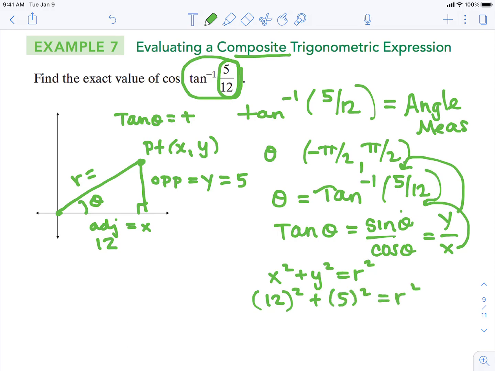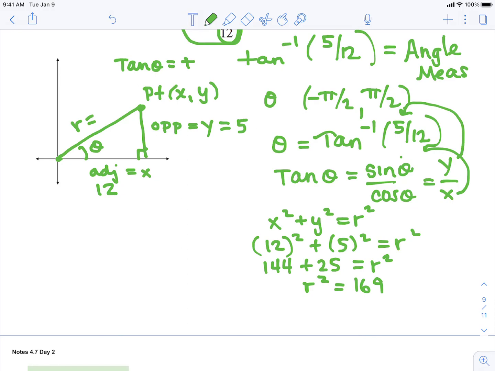We square those numbers. 144 and 25. Add them together and you get 169. Then we want to undo that square, take the square root, and we get r equals 13. So that radius is 13.